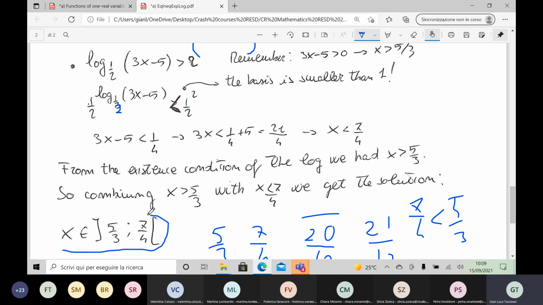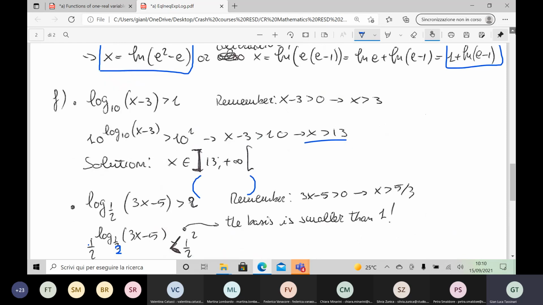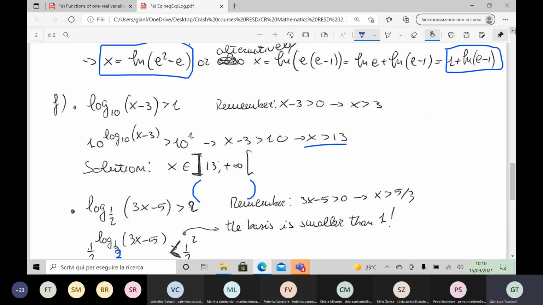So you see that when you have a logarithm, equation or inequalities, it is always very important that at the beginning you pay attention to the domain, because if you forget to write the domain, sometimes you can be lucky, like in the previous one. In the previous one, we had no problem at all, because the domain was x greater than 3 and the solution was x greater than 13.